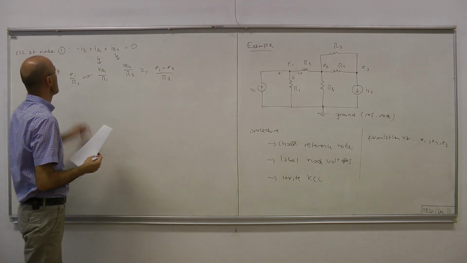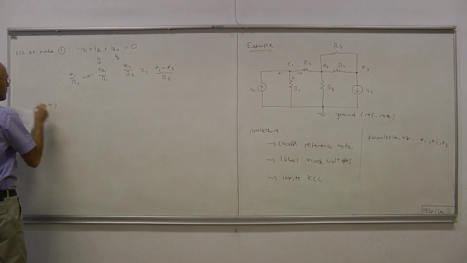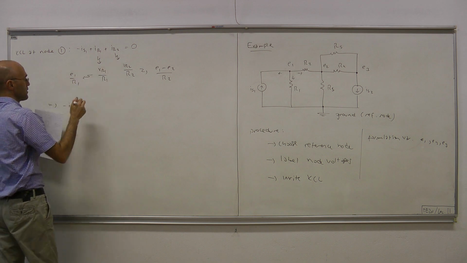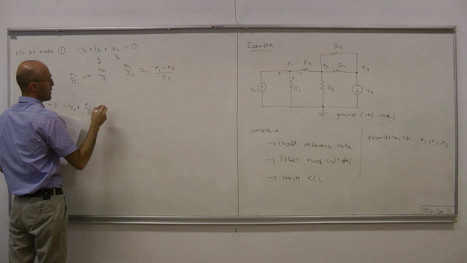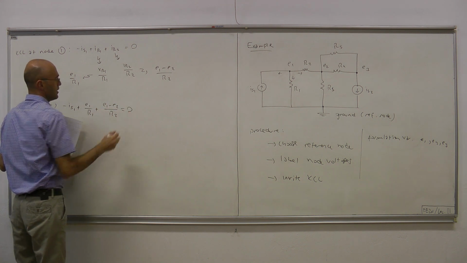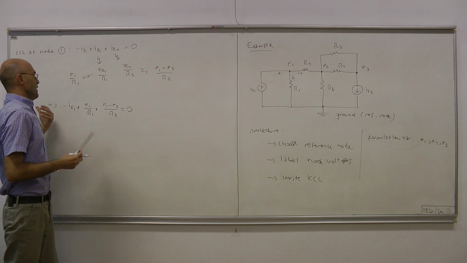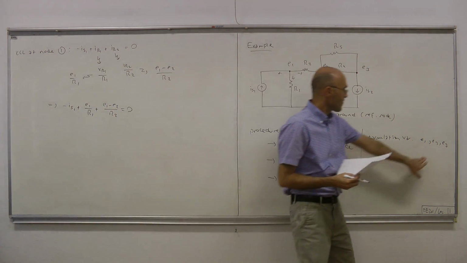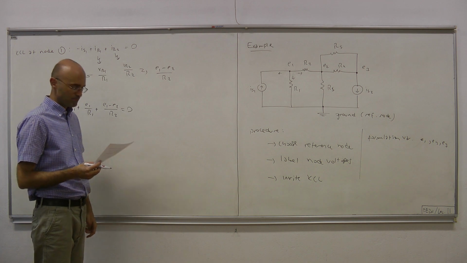So if we write this equation again in this form, minus IS1 plus, instead of IR1 we write E1 over R1, and instead of IR2 we write E1 minus E2 over R2, equal to 0, everything is fine because all the unknowns are coming from our formulation variable set.